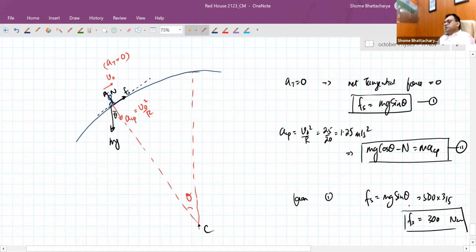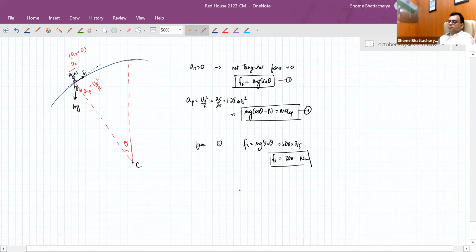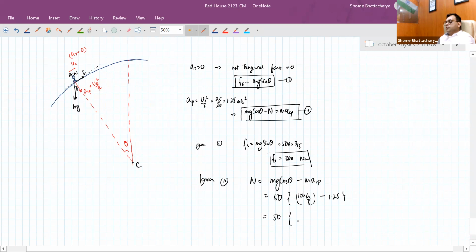Otherwise, that mg sine theta will start causing him to slip and lose speed. And from the second equation, normal reaction is mg cos theta minus mass into centripetal acceleration. So it's 50 into 10 into 4 by 5 minus 1.25, so it is 50 into 40 minus 1.25, that is 38.75.